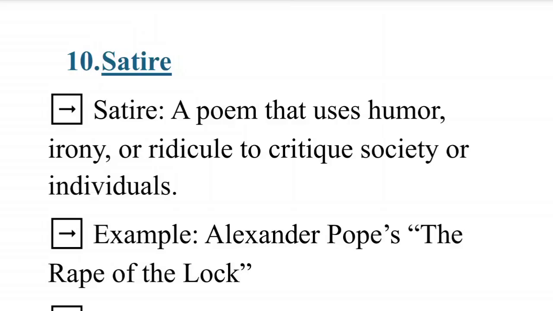So it's better to read this poem. And again here I am giving you a task: Alexander Pope's The Rape of the Lock was published in dash year. Find the year and write it in the comment box. You will definitely get a question on the publication date of The Rape of the Lock.